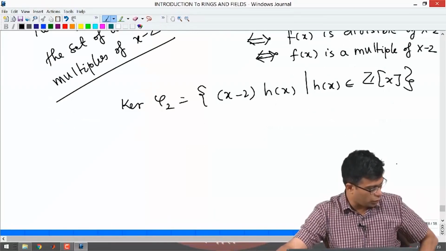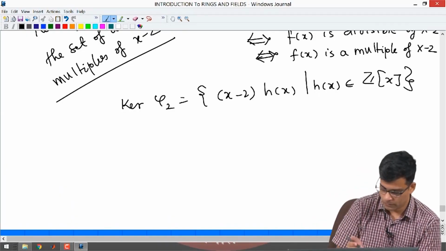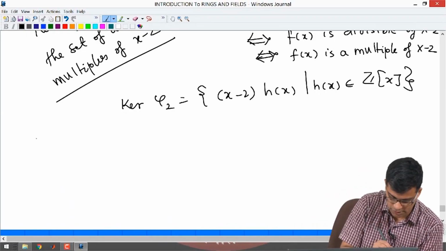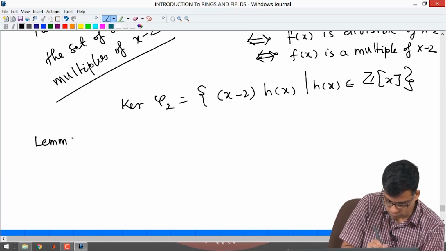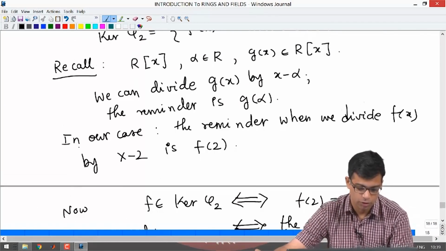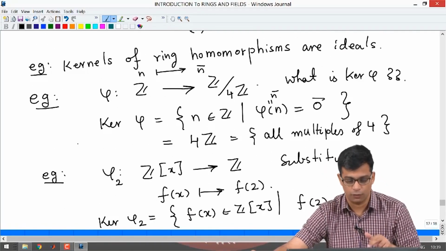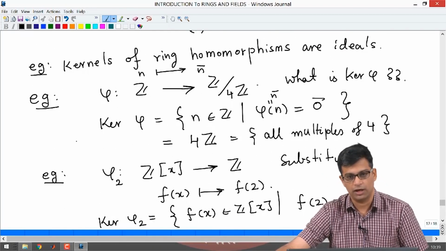So, now I want to mention a nice observation. This is a small lemma. In the first example that we looked at above, the kernel of the map from Z to Z mod 4Z turned out to be multiples of 4.